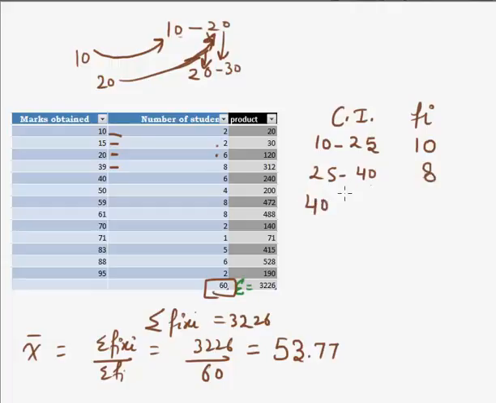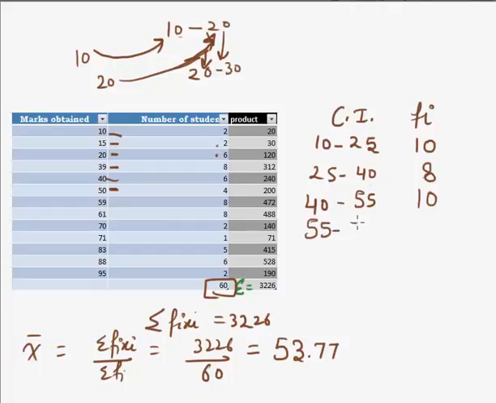The next interval with a difference of 15 will be 40 to 55. That is these two observations, or 6 plus 4 on the frequency part, that is 10.